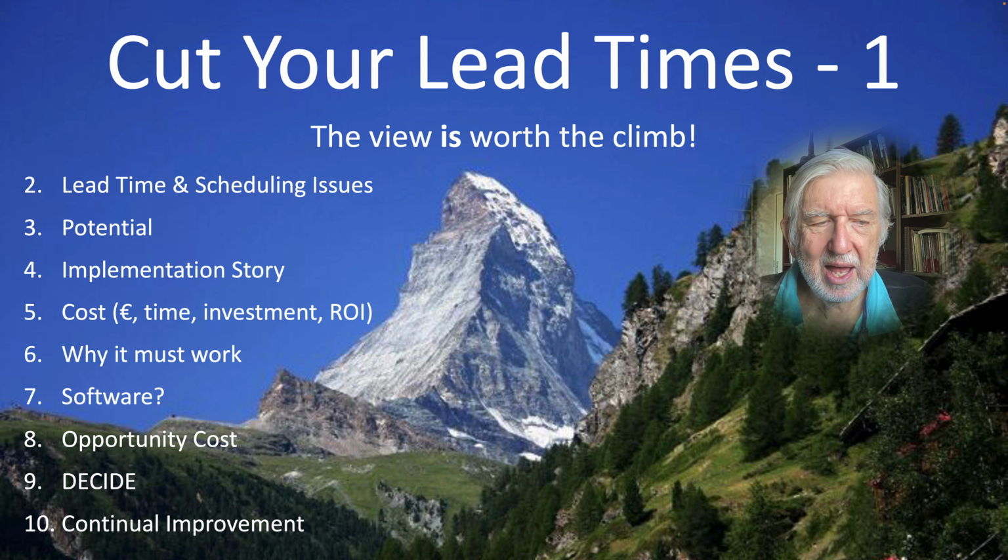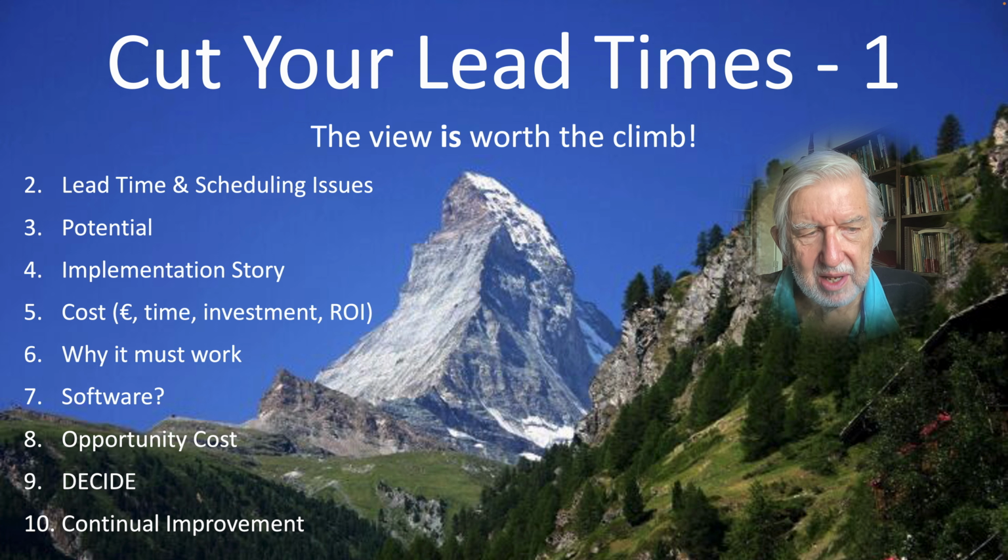Once you've seen that, you need to start to think about deciding to do it. And one of the things that will help you decide is to go through the opportunity cost, because you probably have several things that you could do. You could do this, cut your lead times with me or on your own, or you could have some other initiatives that have been proposed which are also extremely valuable.